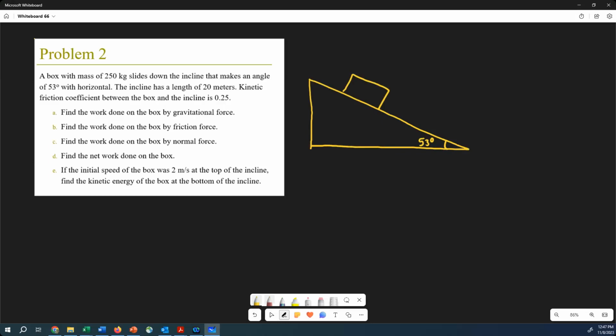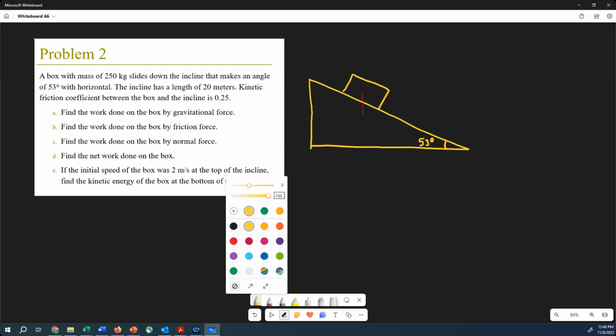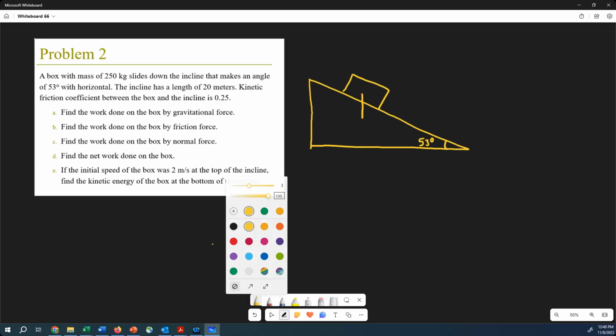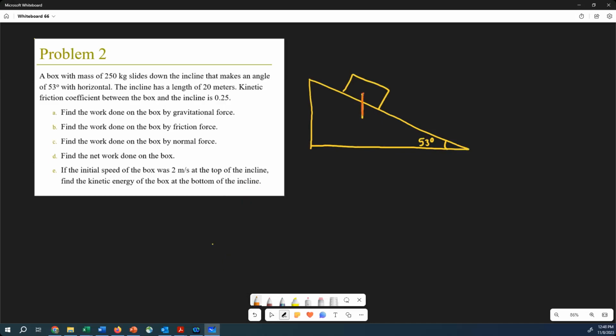First of all, we need to see what is the direction of the gravitational force. I would like to draw in a different color. This is the mg, or we call it the gravitational force.